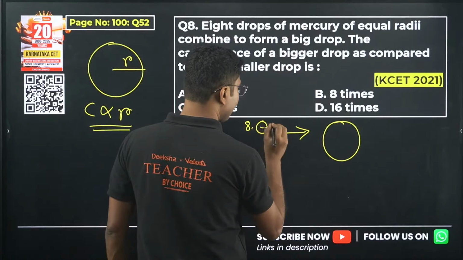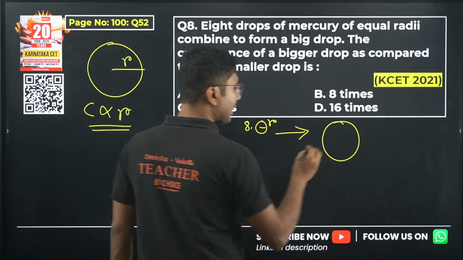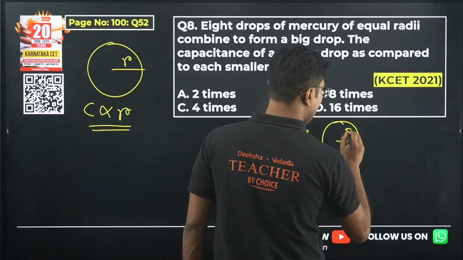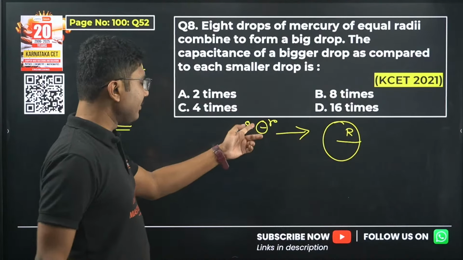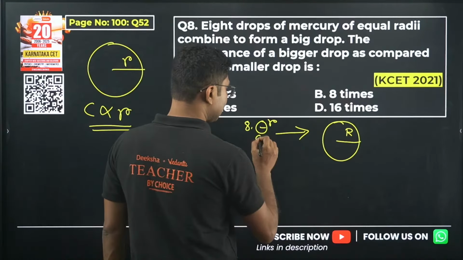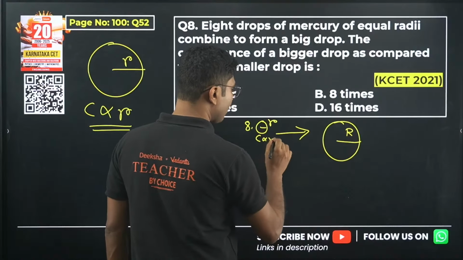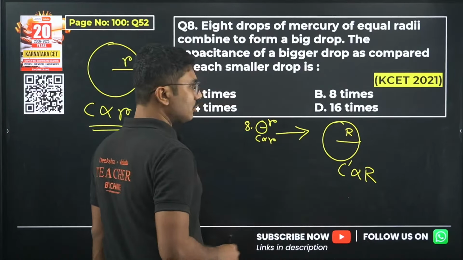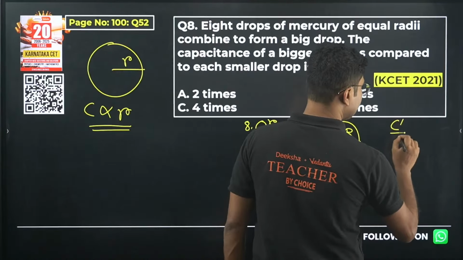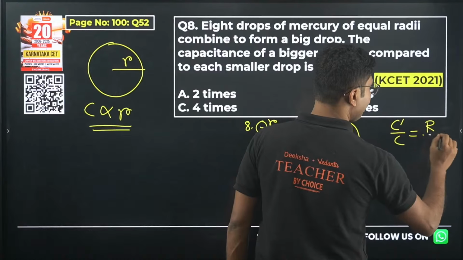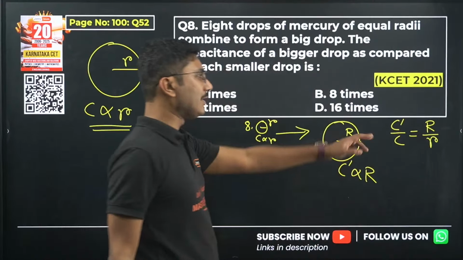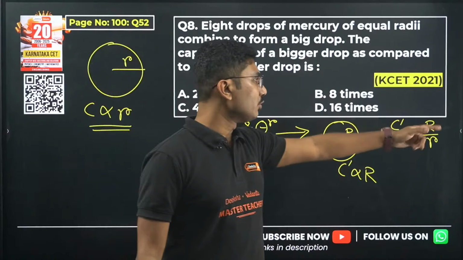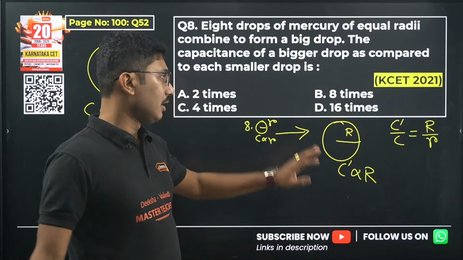Assume the small drop has radius small r and the big one has radius capital R. Individually each small drop has a capacitance proportional to small r, and the big one has a capacitance proportional to capital R. So C'/C is capital R by small r. If you can find the relationship between these two, then you can find the ratio.